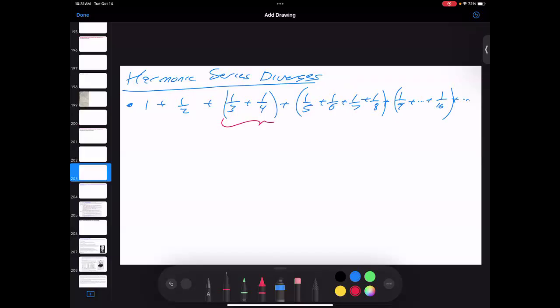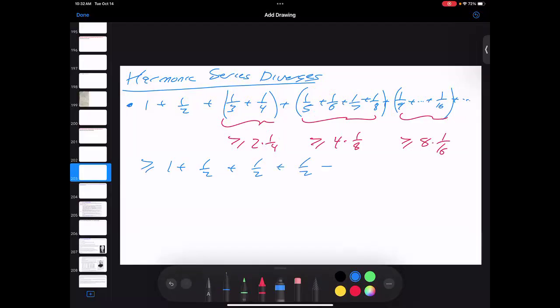So this sum is going to be greater than or equal to 2 times 1/4. 1/5, 1/6, 1/7, 1/8 are all greater than or equal to 1/8, so this is greater than or equal to 4 times 1/8. For the next one, it's going to be greater than or equal to 8 times 1/16. So the sum is going to be greater than or equal to 1 plus a half, plus a half, plus a half, plus a half, and so on and so on.